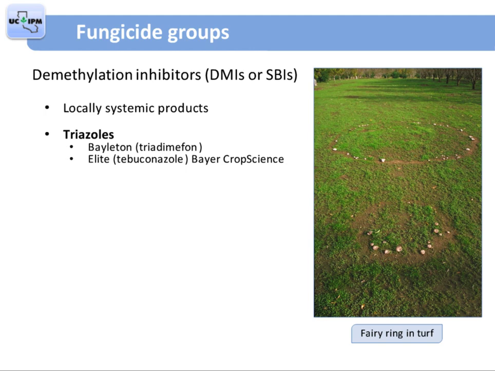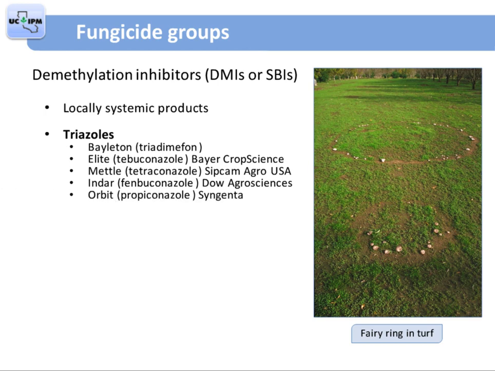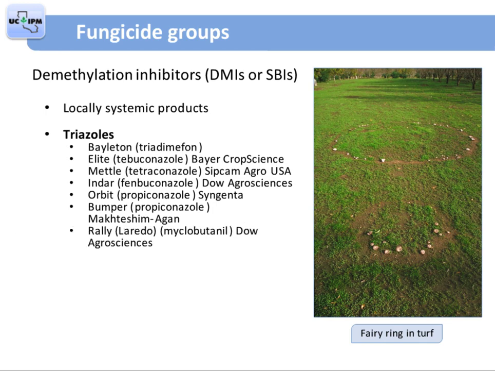Other examples are Mettle with the active ingredient tetraconazole, Indar with the active ingredient fenbuconazole, and Orbit with the active ingredient propiconazole. Orbit is registered on tree fruit and some vegetables. Bumper is another with the active ingredient propiconazole. Rally with active ingredient myclobutanil, and Inspire with the active ingredient difenoconazole or other triazoles.